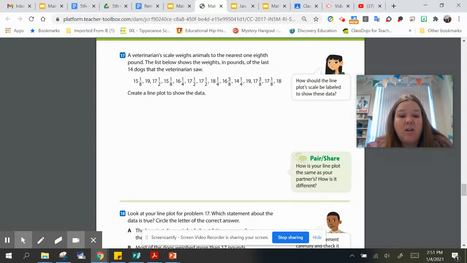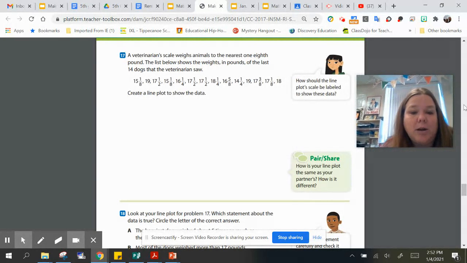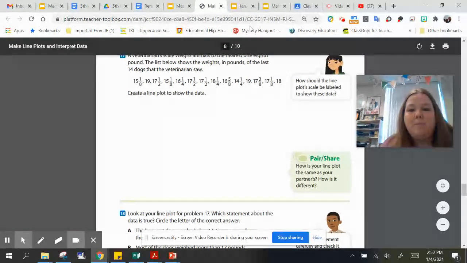And then it gives us all of them. Create a line plot to show the data. Well, we kind of need to figure out the least and the greatest pounds. So 15 1/8, 19, that's pretty big. 17, 15, 16, 17, 17, 18, 16. 14 is the lowest, and 19 is the biggest.